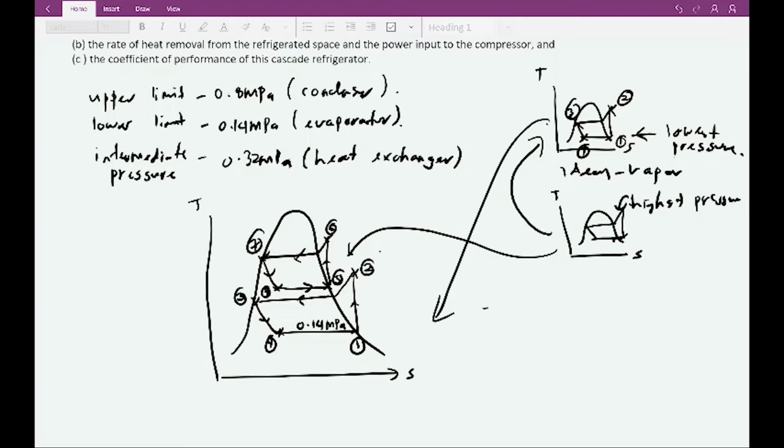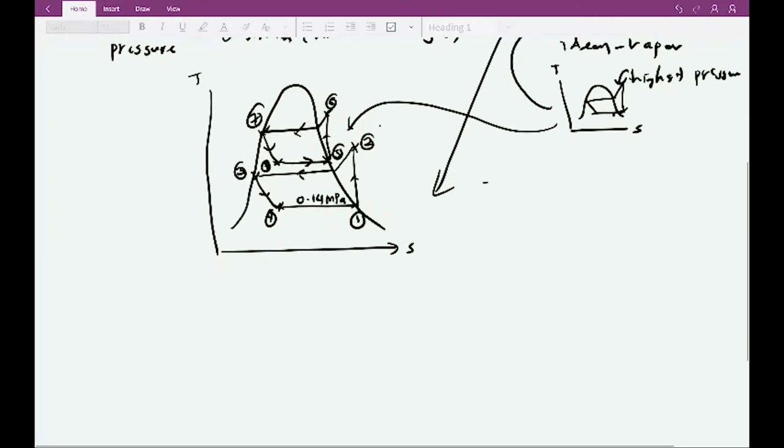So where is the heat exchanger actually located? Right, it is located at the condenser of the first or lower cycle, and also the evaporator of the upper cycle.